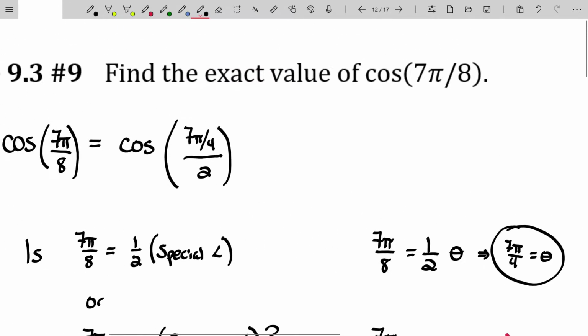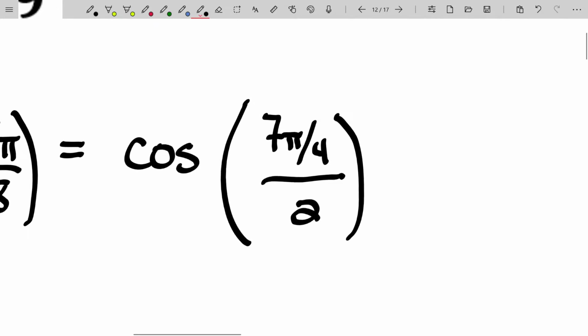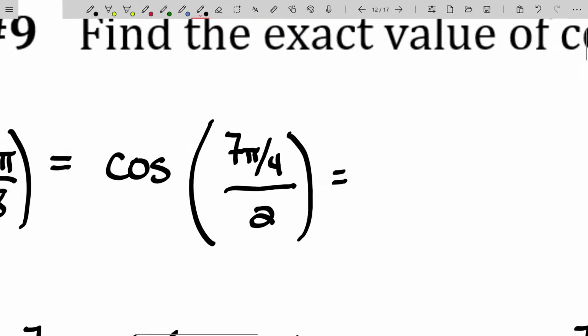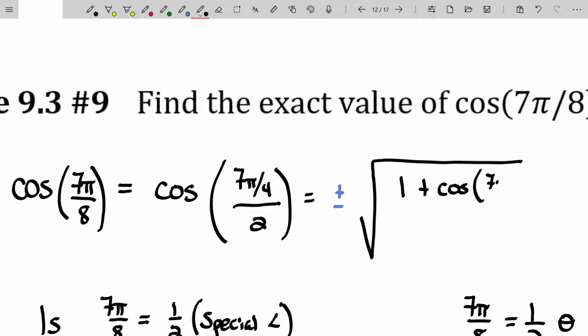So I rewrote 7 pi over 8 as 7 pi over 4 divided by 2. And this allows me to use the half angle identity. The half angle identity for the cosine is a plus or a minus, and I wrote that in blue on purpose, the square root of 1 plus the cosine of that special angle, divided by 2. And remember that 2 is on the inside of the radical.